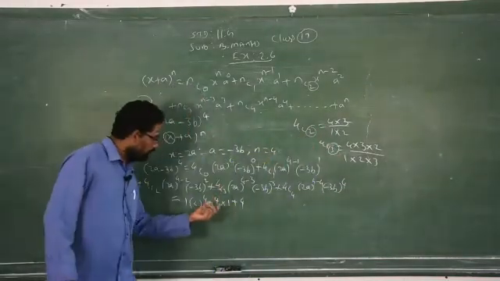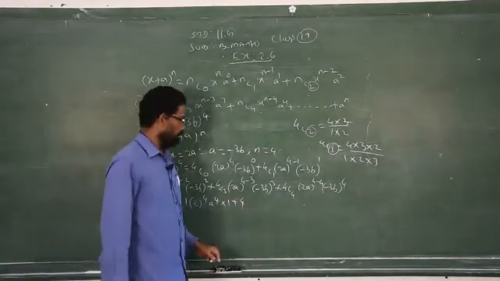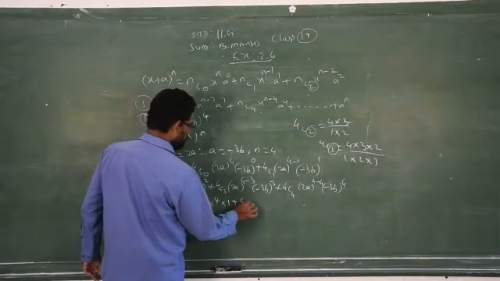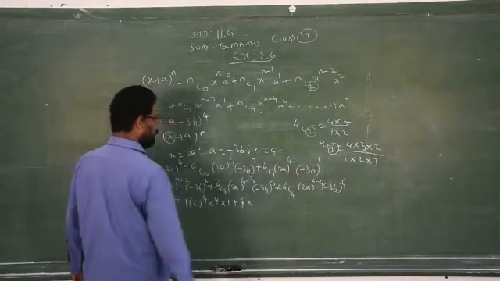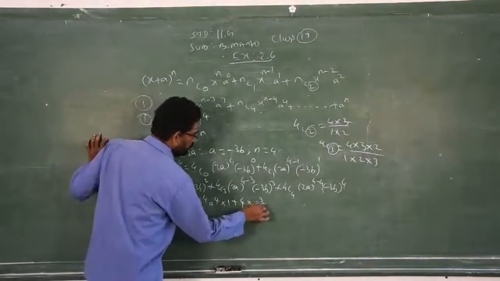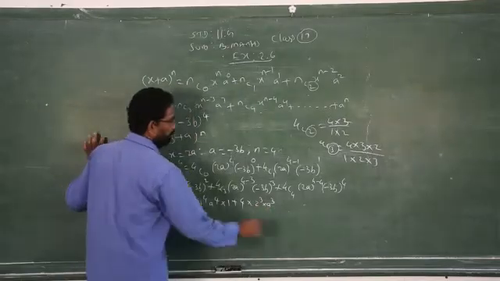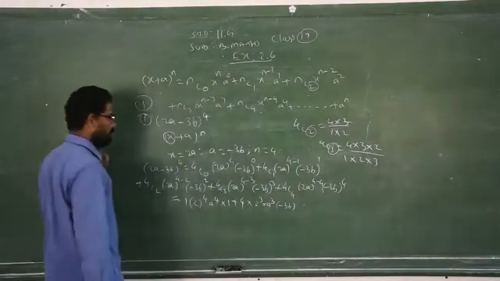Same concept you apply here. 4c1, you write only one number from 4, so 4 only will come. 4 into 2a, 4 minus 1 is 3, so write 2 power 3 into a power 3, minus 3b power 1, no need to write the power.